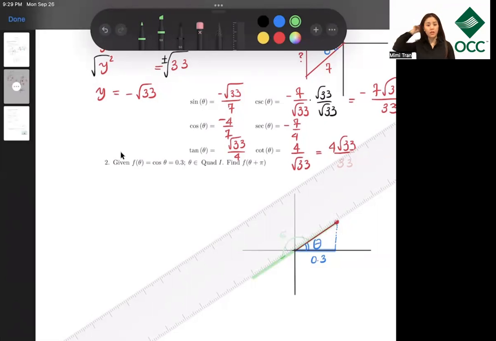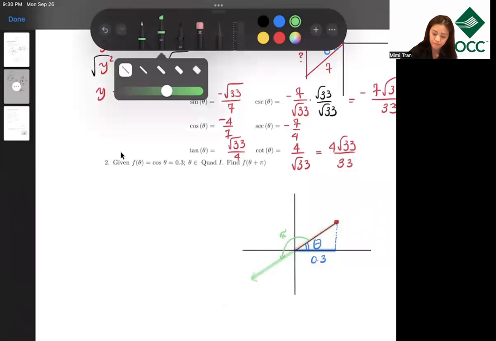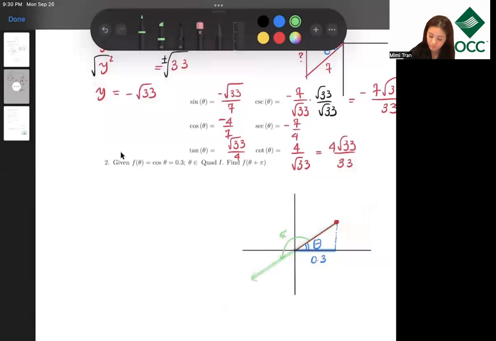What that means by going theta, and then adding another pi angle. Okay, so what do you think? Well, symmetry. My picture is not very good for symmetry, but let's see. I'm going to try my best.